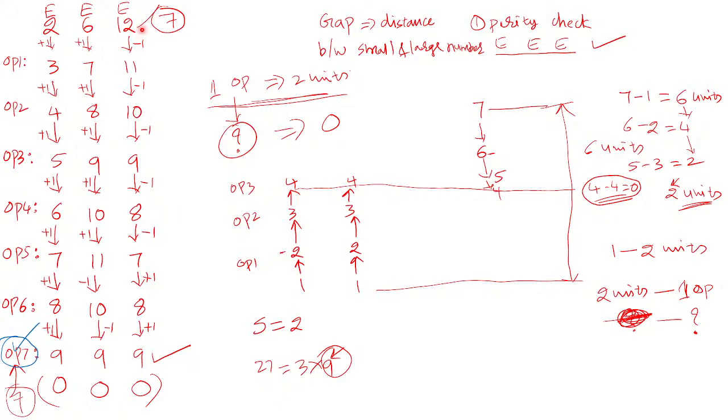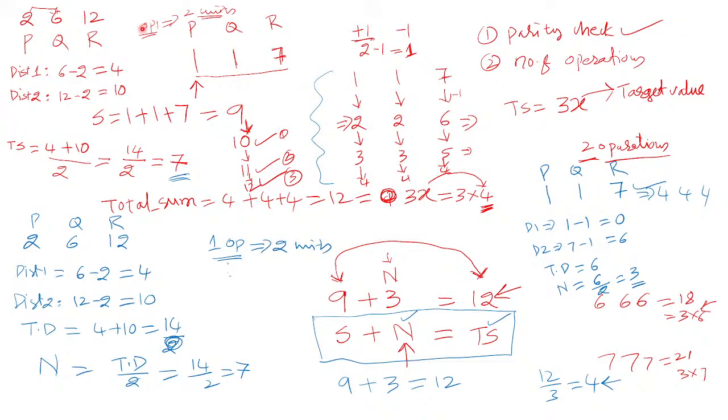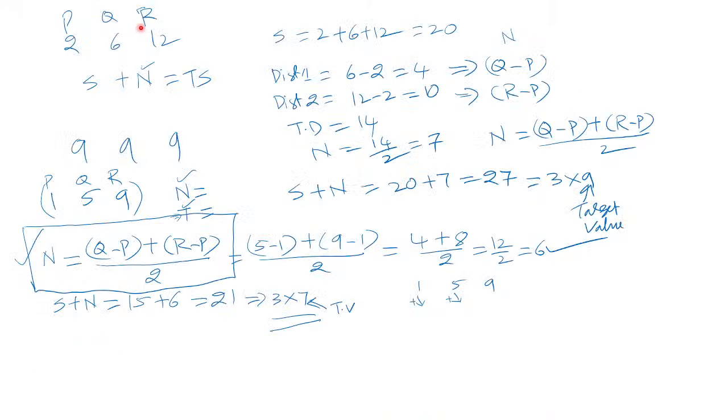The first thing is that the input should pass the parity check. In the given input, you can see the first and third test cases are not passing the parity check, so we printed -1 in such cases. Look at the output carefully.